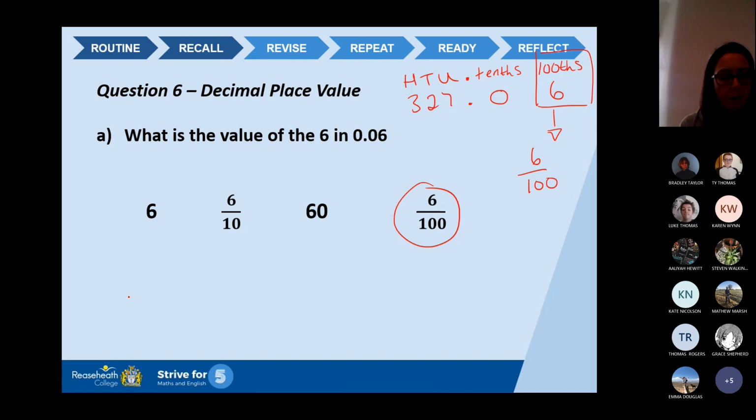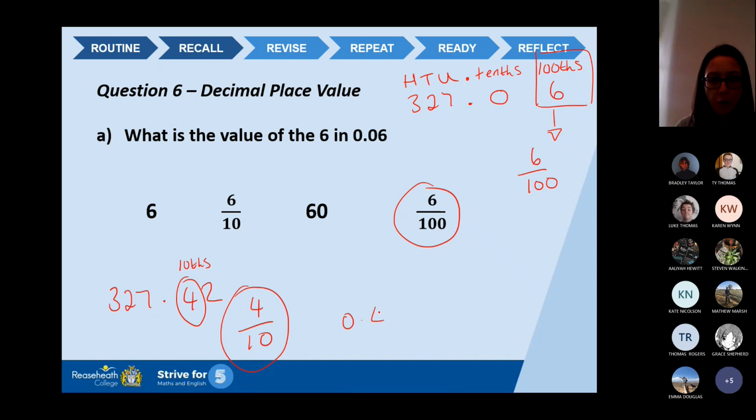If there was a number like 327.42 and it wanted to know the value of the 4, that's in the tenths column. So it's 4 tenths or 0.4, which is the same.